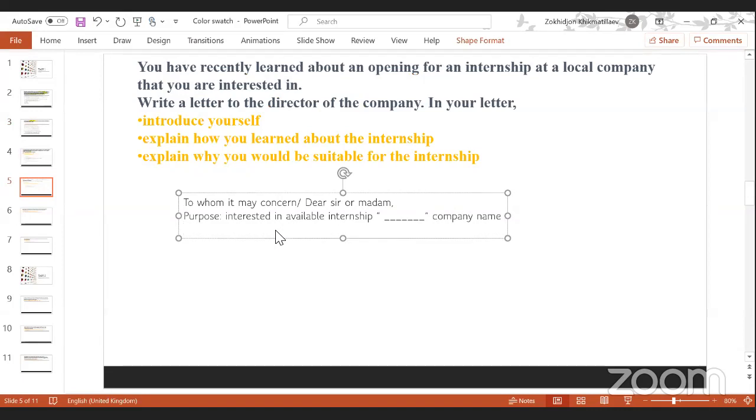Okay, then now you have to introduce yourself. Like where do we study in university, right? Yes, you can make a purpose plus introducing yourself in one paragraph because you will have a lot of paragraphs if you don't do so. So purpose and introducing together. So in introducing, you have to say your name, your qualification.